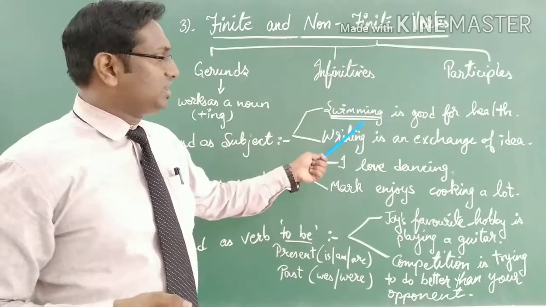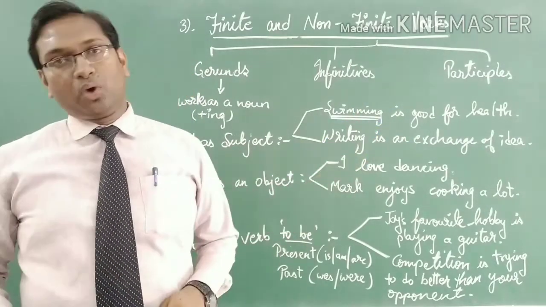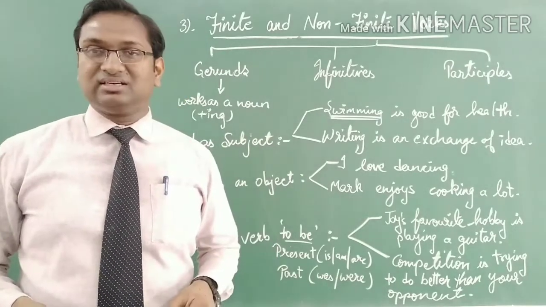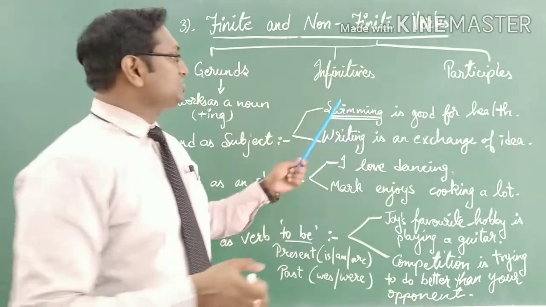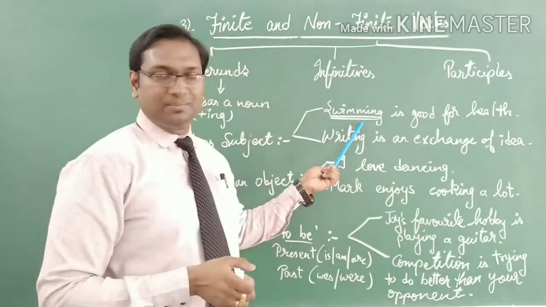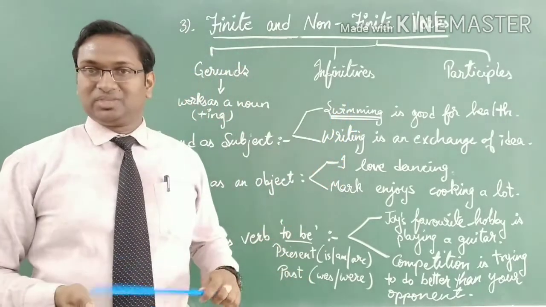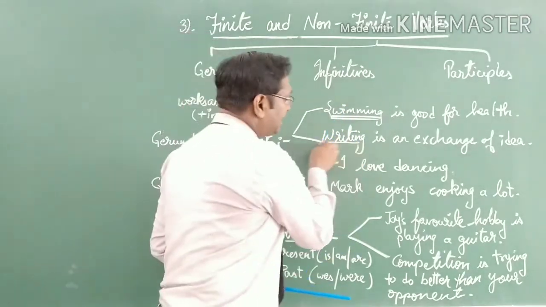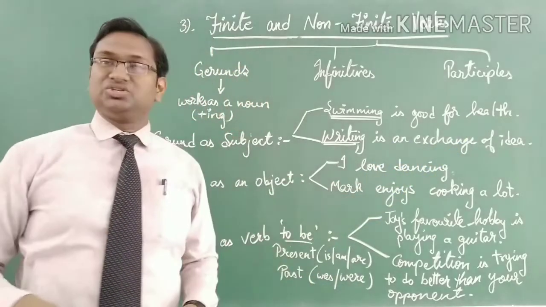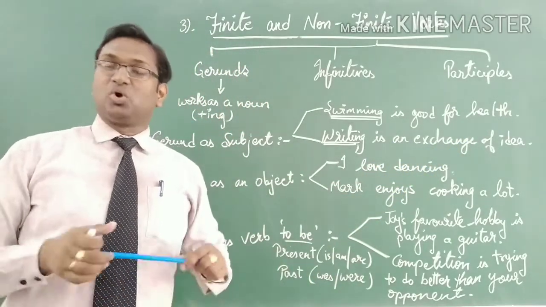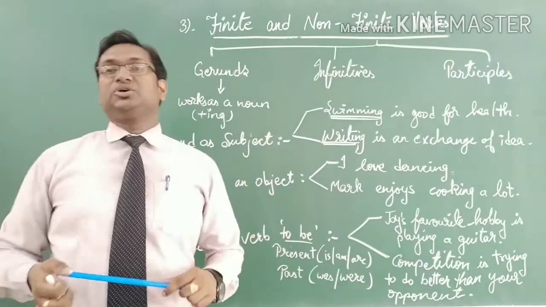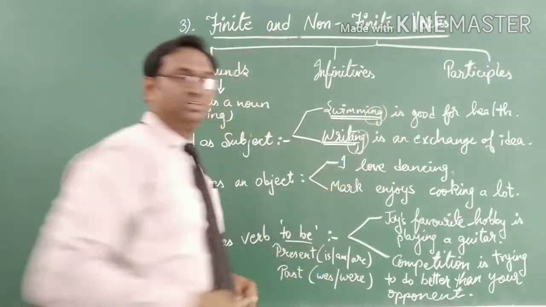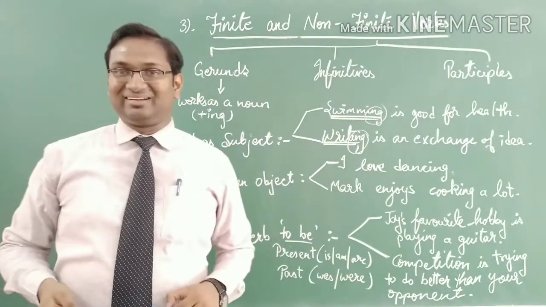So, this verb swimming works as a noun or pronoun, or you can say works as a subject in the sentence. So, swimming is your gerund, non-finite verb. So, swimming is good for health. So, subject is swimming. Second, writing is an exchange of ideas. So, over here, writing is also your subject. Ing form of the verb is there.